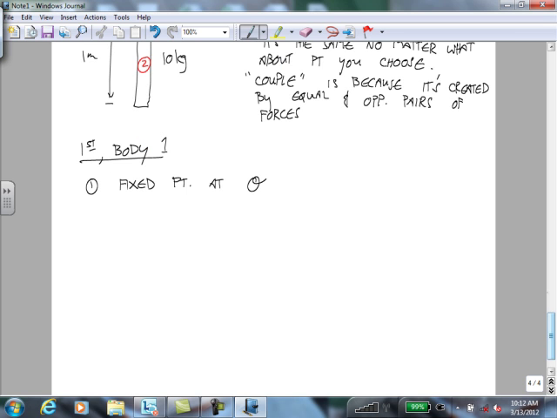So the second step, we're going to calculate the moment of inertia. So first we have to do the moment of inertia about the center of mass. That's 1/12 times the mass times the length squared.